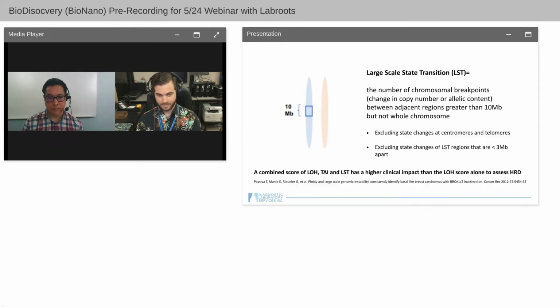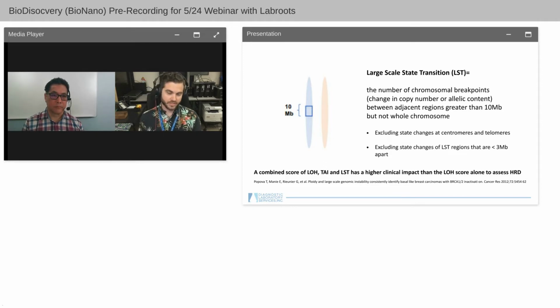And finally, with the large scale state transitions, LSTs, these are events of instability that are greater than 10 megabases. What we distill from this is we are actually counting the 2 breakpoints that homologous repair deficiency shows us, where the cell cannot repair its double-stranded breaks.